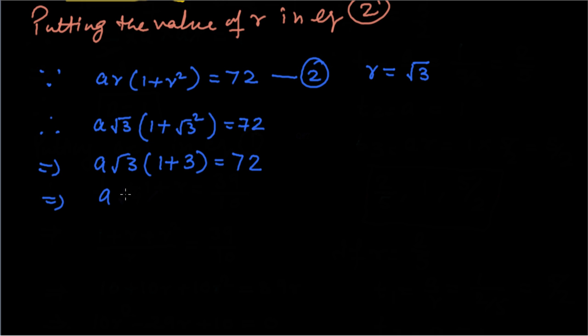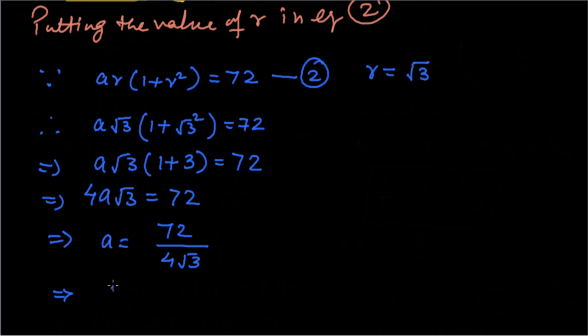Here we get 3 plus 1 is 4, so 4 A root 3 is equal to 72, which implies A is equal to 72 upon 4 root 3.